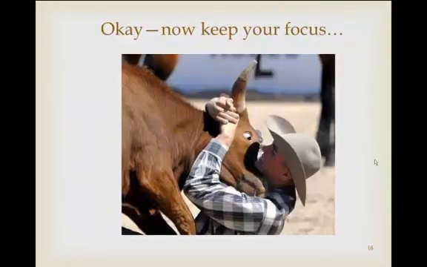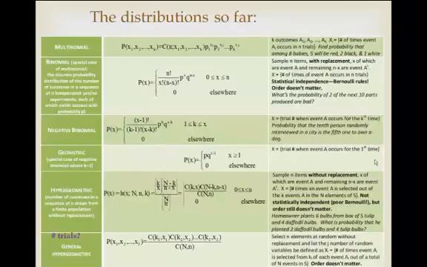So keep your focus now. Here we go. The distributions we've got so far, number 1, is multinomial. If that's multinomial, does Bernoulli live? Well, we know that the odds are not changing in this particular case, and it's independent.